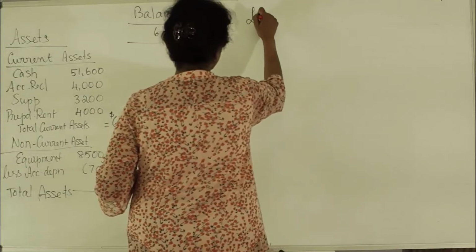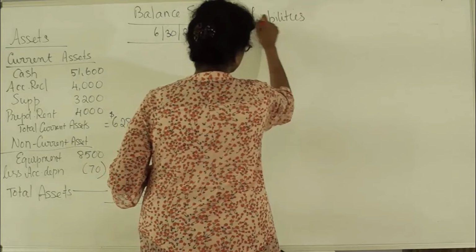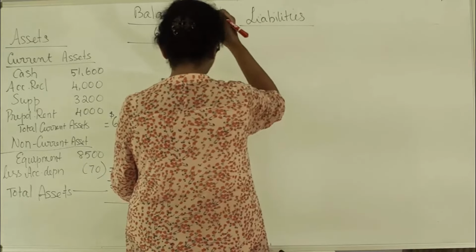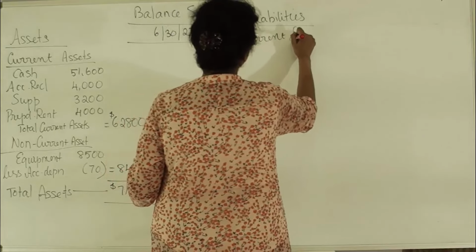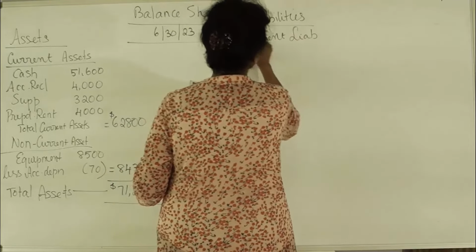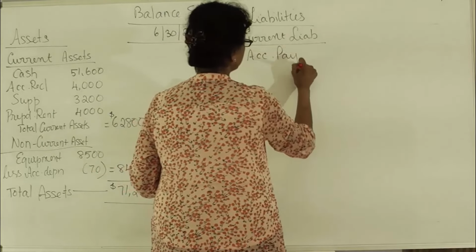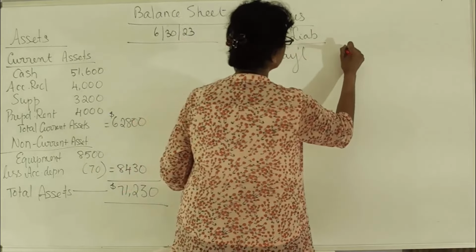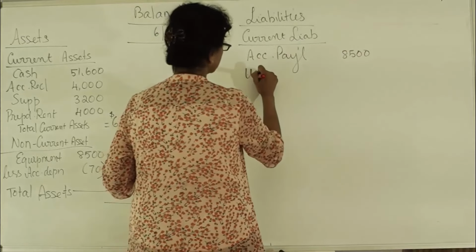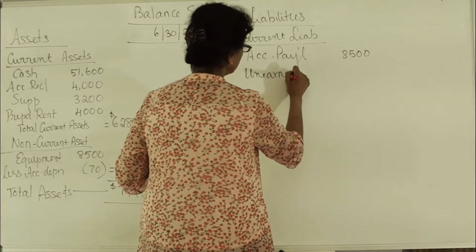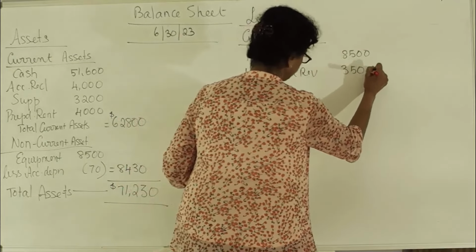So first, liabilities, you list your current liabilities. You have accounts payable balance 6,500. You have unearned revenue balance 3,500.